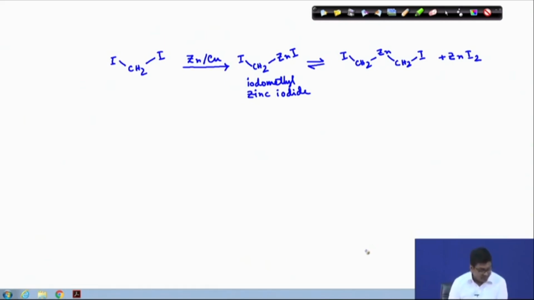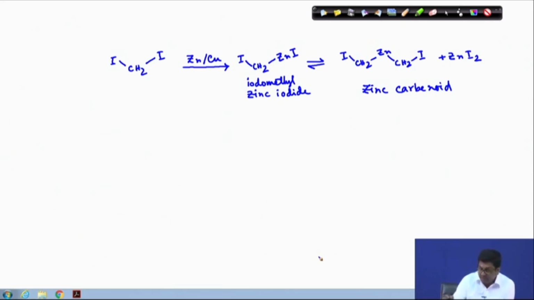So, now we can think of it as a zinc carbenoid. We have already studied what a carbenoid is. You know that it also behaves like a carbene, but it is associated with some other metal. Like here it is associated with zinc.